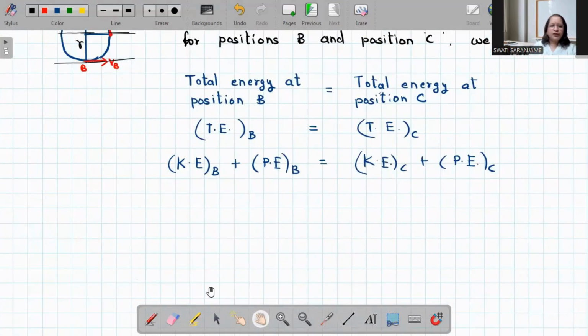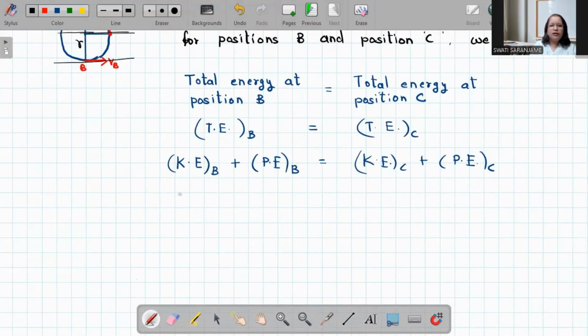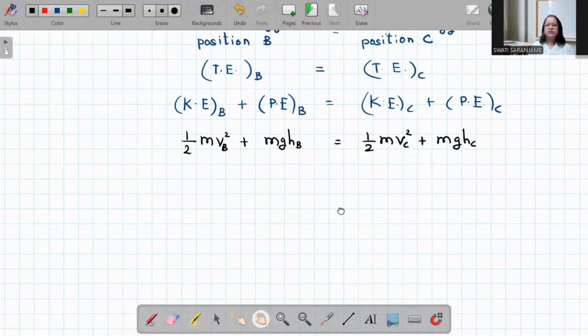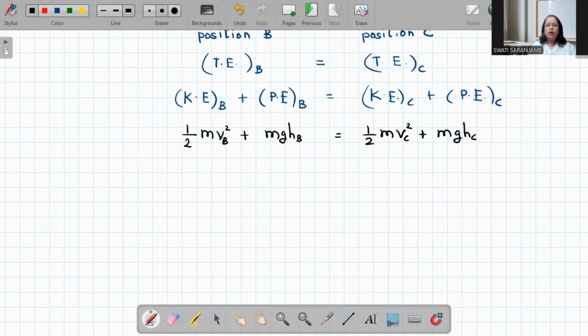So here, let us write that KE is represented by the formula half m VB square plus mghb, which is equal to half mvc square plus mghc. hb and hc represent the height of the object from the reference line.